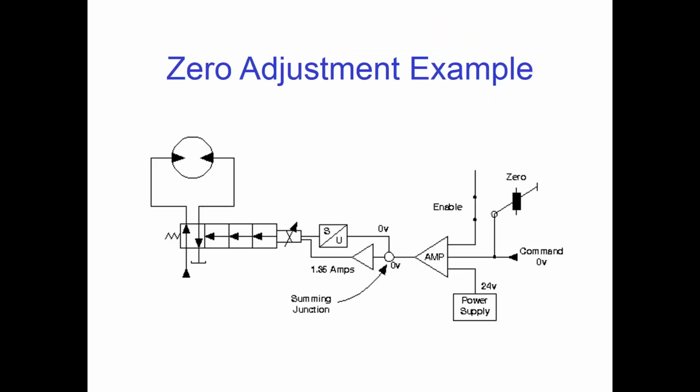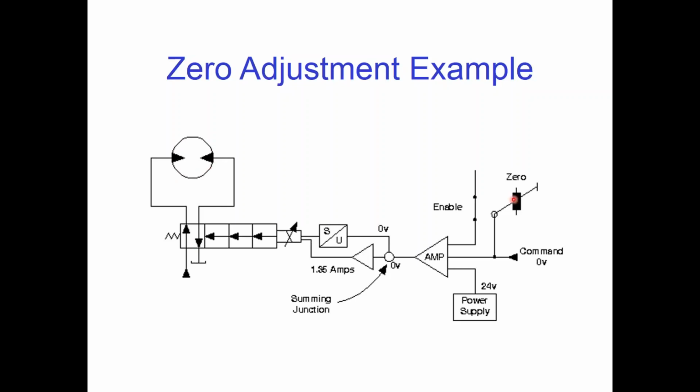So as an example for our zero adjust, let's say that we're applying a zero command voltage. It shouldn't be moving, but if it does move, that means we've shifted a little bit into the A position or perhaps the B position. In the example, we've shifted a little bit to the A, so we're going to be drifting a little bit clockwise.